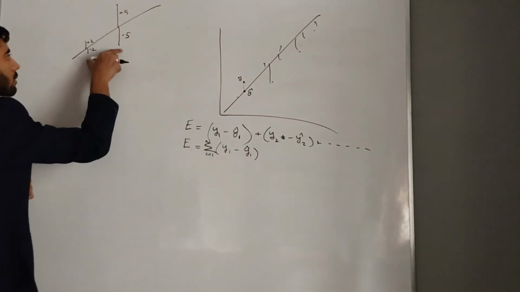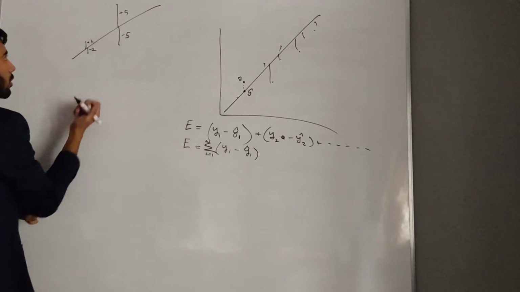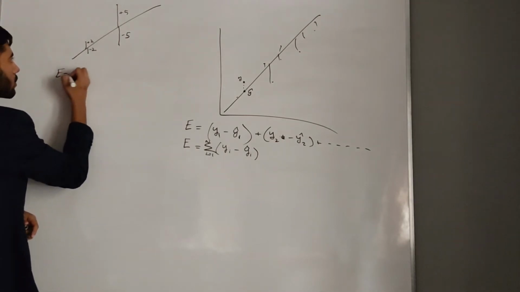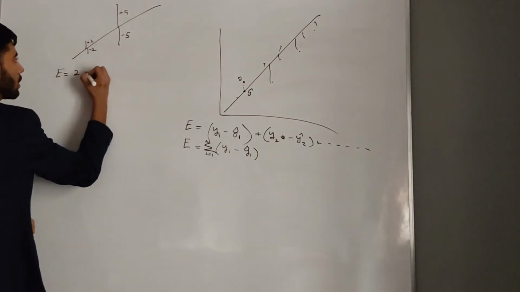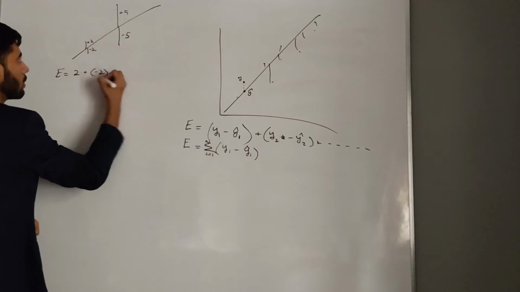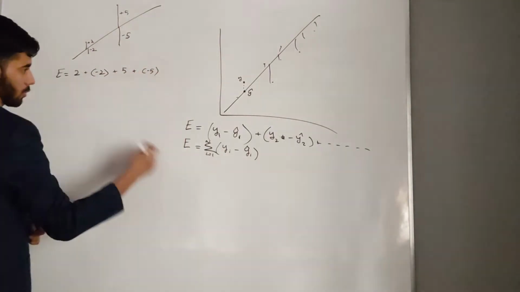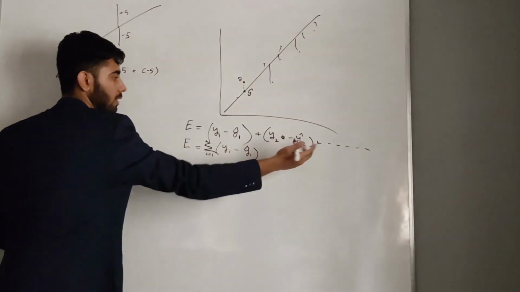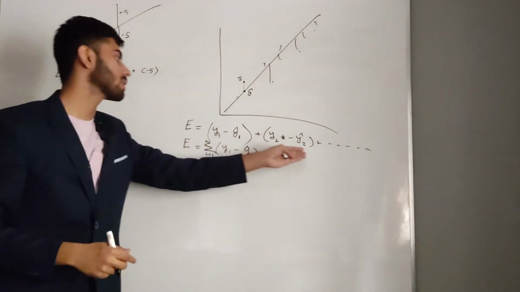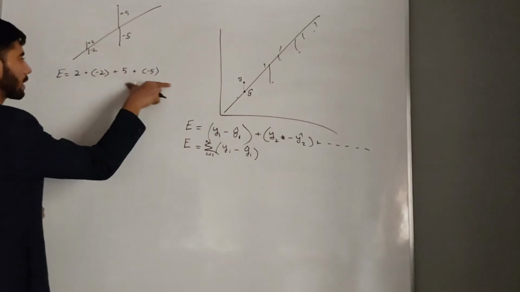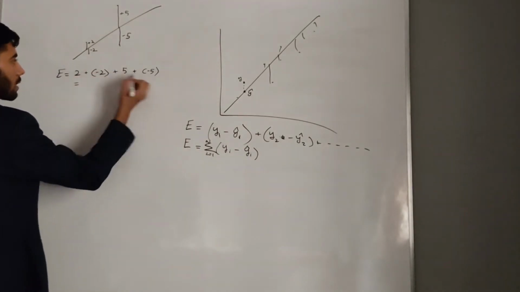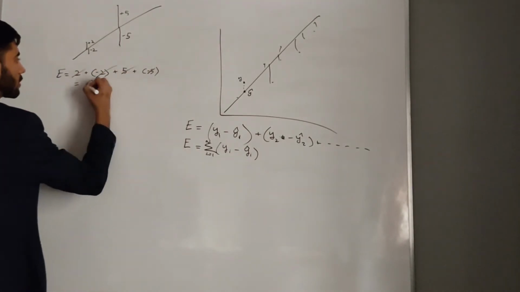So if I calculate the error, I get error = 2 + (-2) + 5 + (-5). I have to add all the error terms, and in answer I'm going to get 0.